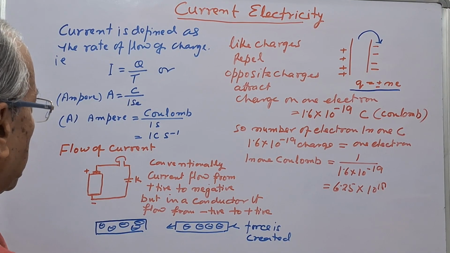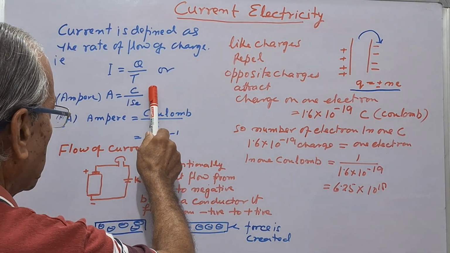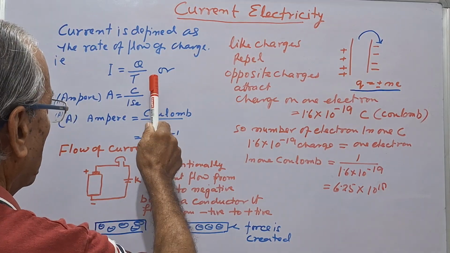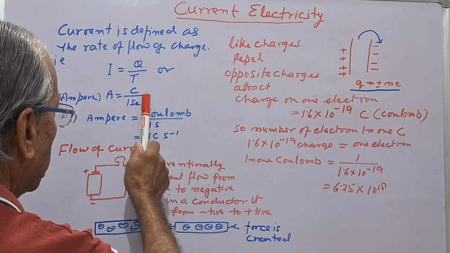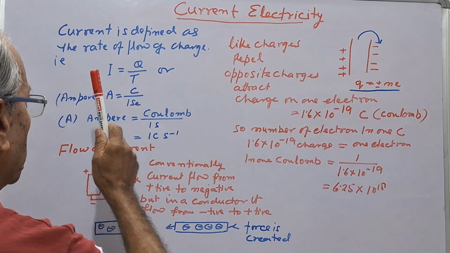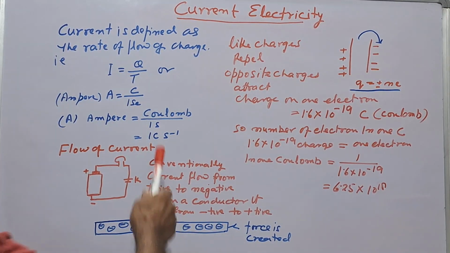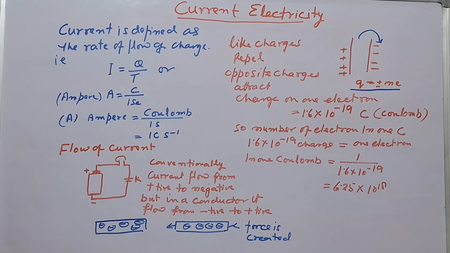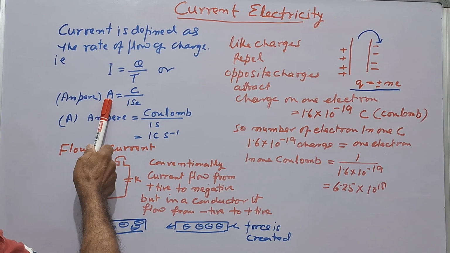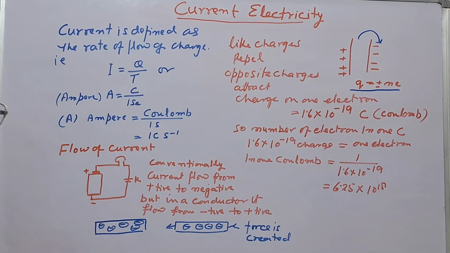Then we will say that if 1 coulomb charge flows from a single point of a cross section area in 1 second, it is equal to 1 ampere. So flow of 1 coulomb in 1 second is known as 1 ampere. So ampere is the unit of the current.